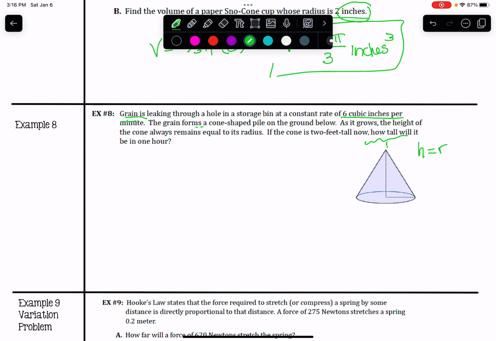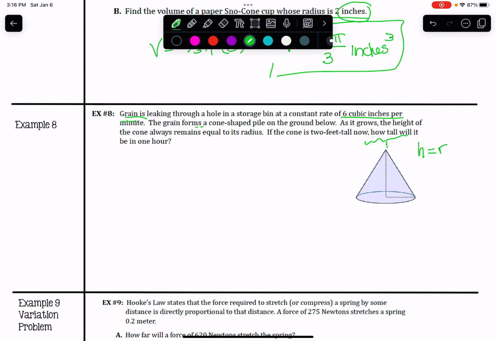Okay, so first of all, let's figure out the volume at 2 feet, what is the volume initially?